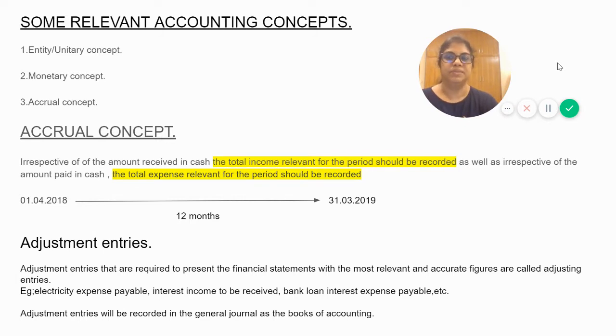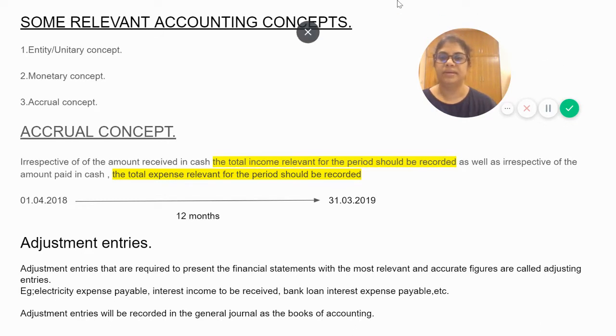The third concept is the accrual concept, which is given in your textbook as well. That is the most relevant concept when we are preparing the financial statements and the adjustments.